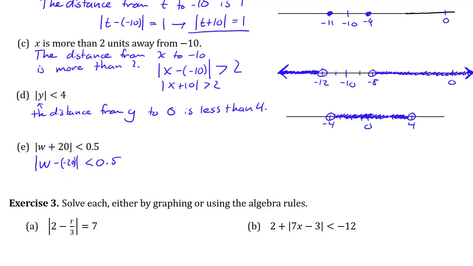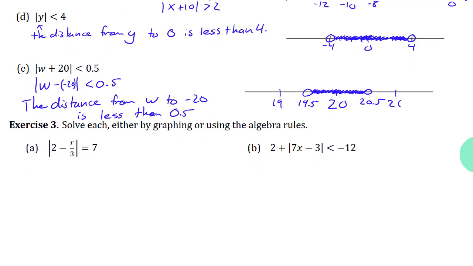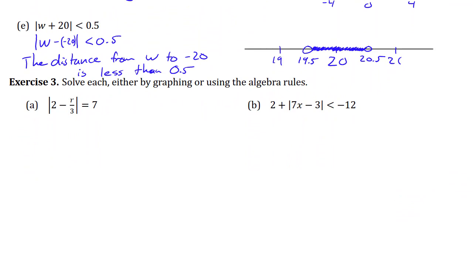That is the same thing as w plus 20, and this time this is saying the distance from w to negative 20 is less than 0.5, and on a number line, let's say this is 21 here, and 19, we're closer than half of a unit. So between 19.5 and 20.5, like so.